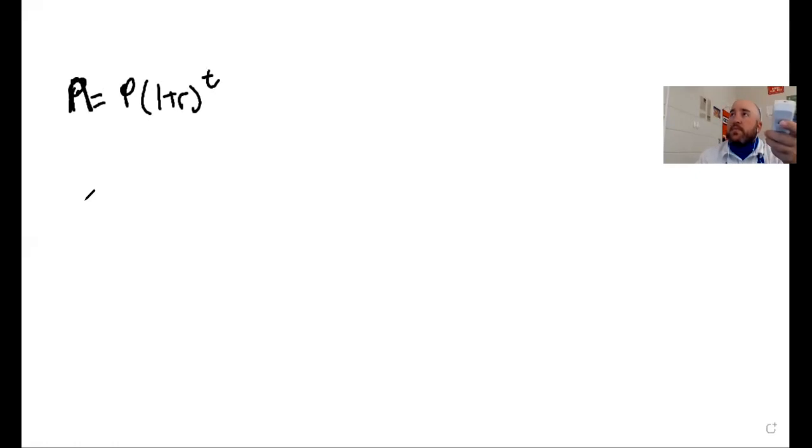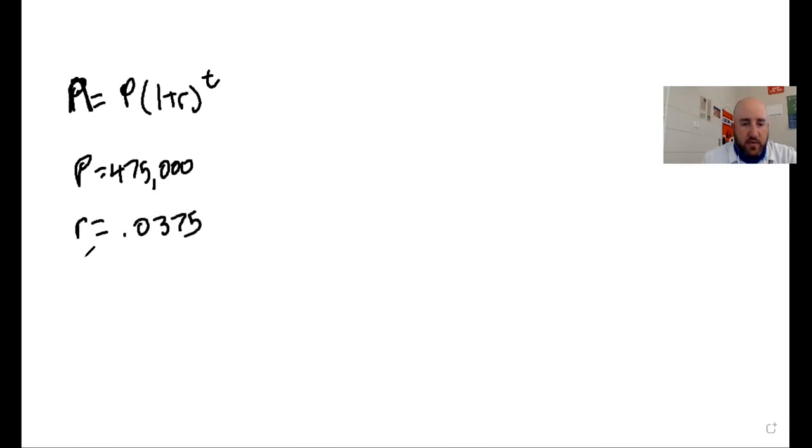In class, y'all are going to get a little bonus just in case you need. I'm going to unfreeze this just so y'all can see it and follow along. So P is 475, number 5 on the first worksheet. R, again, being 3.75%, we have to move that decimal 2 spots to the left, so 0.0375.